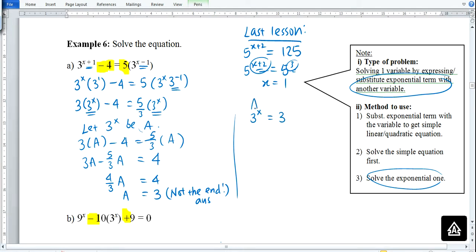So this is the a that we used as a jumping board to help us get to 3 power x equal to 3. So if I compare left and right again, x is equal to 1. When there's no power here, it means there's a power of 1. So I get x equal to 1.